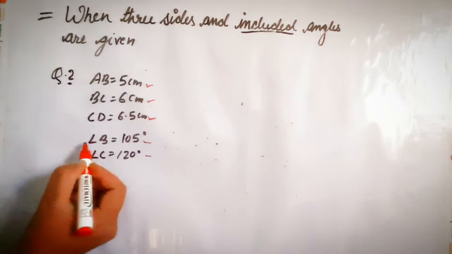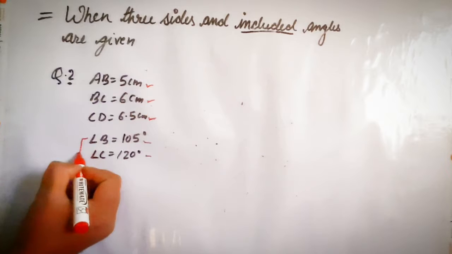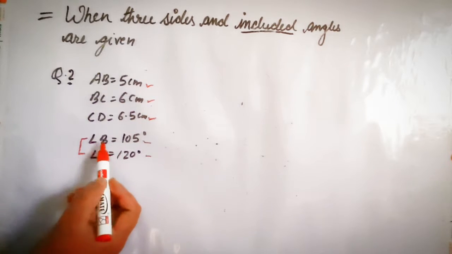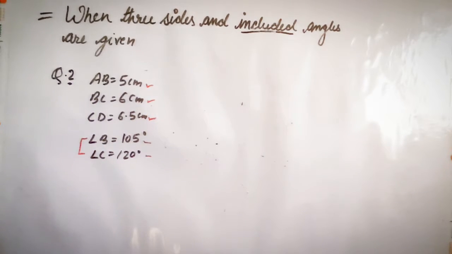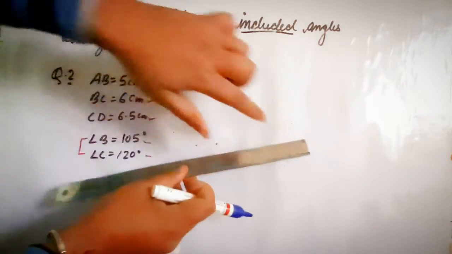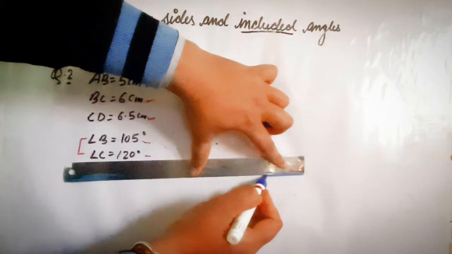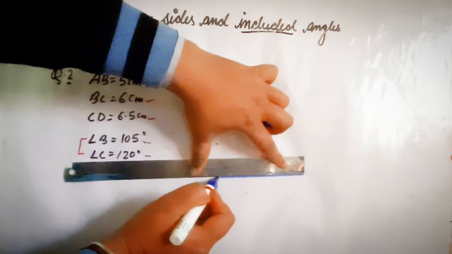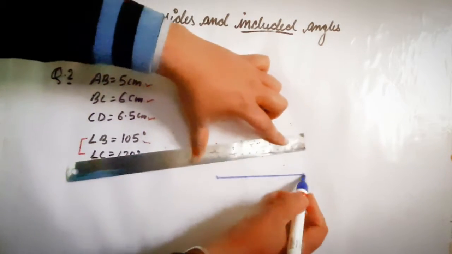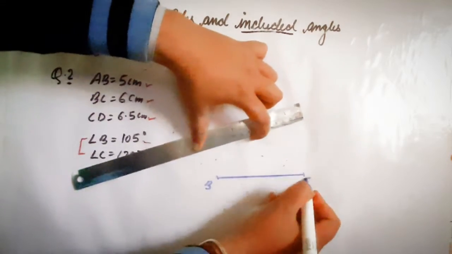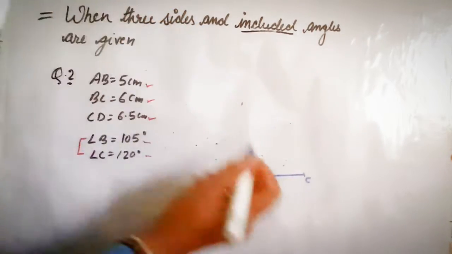As I told you in first question, angle B and angle C are given, so we have to draw BC first of all. So BC is given equal to 6 cm, so draw BC equal to 6 cm.